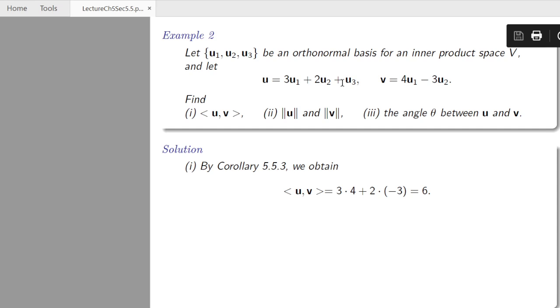Then we should add 1 times 0, because v has 0 u3, but that's just 0. So we can say the inner product between u and v equals 6.